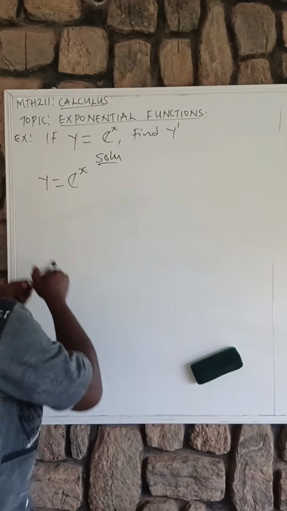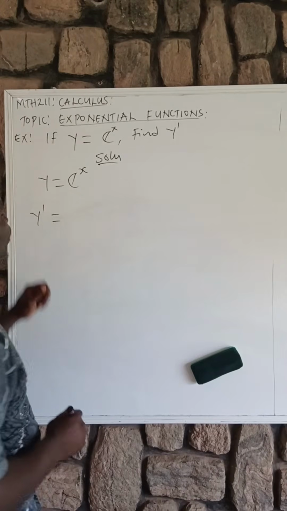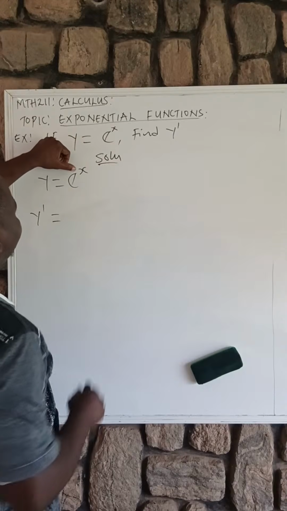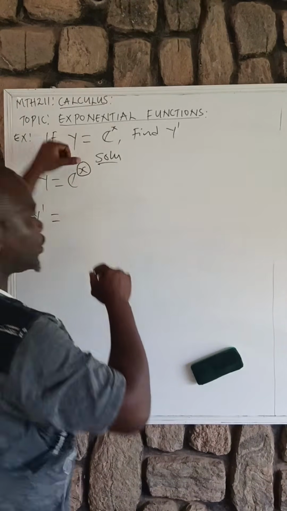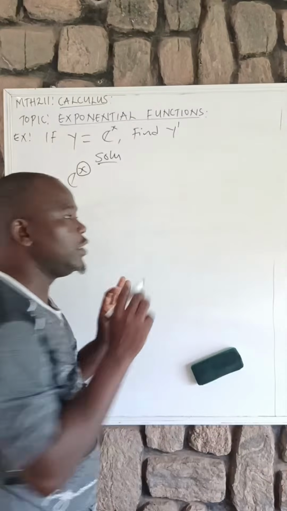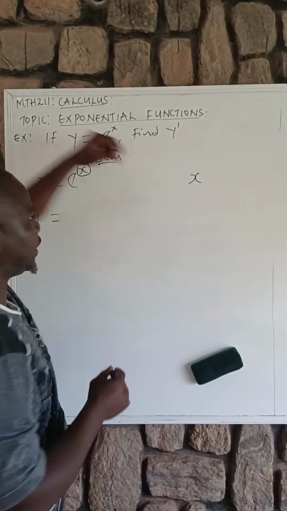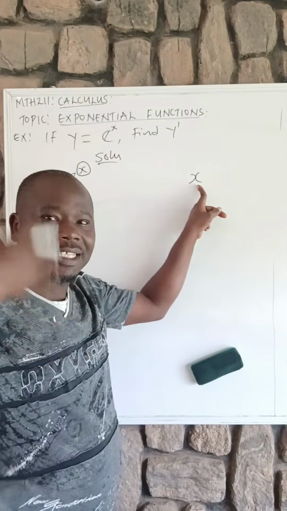So now your y prime will be equal to what is on top of the exponential? What is here? Is it not x? So I said within you, differentiate what is here. Is that clear? Using your mindset.